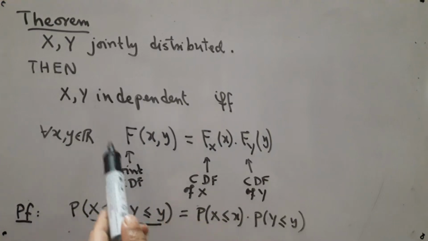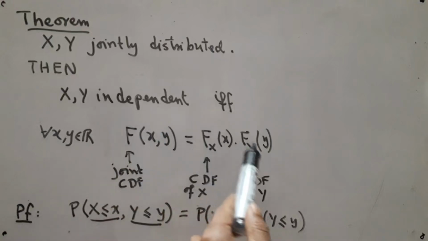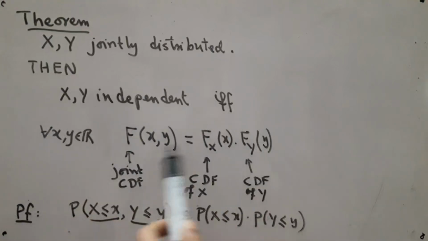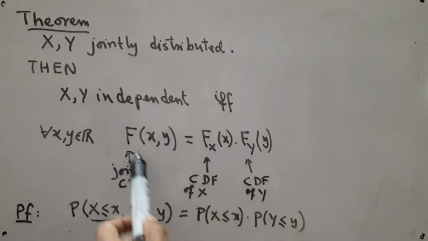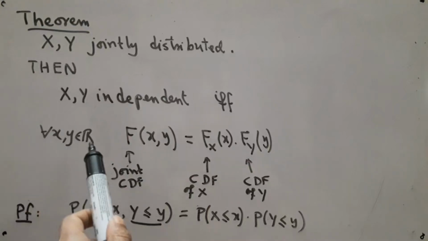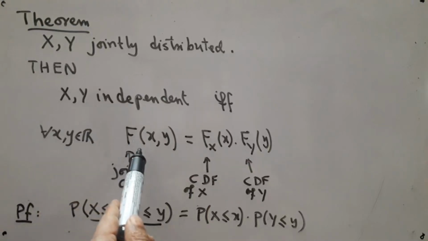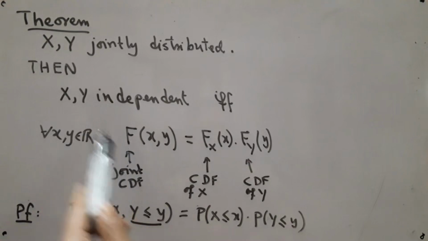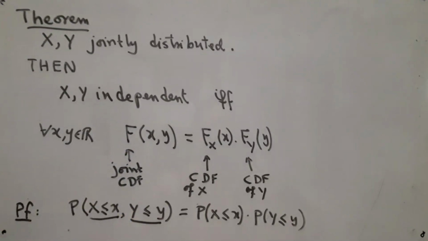We have already seen that if they are independent, then this will hold. And if this holds, then the CDF is the same as in the independent case. Since the CDF characterizes the distribution, in this case X and Y must be independent.